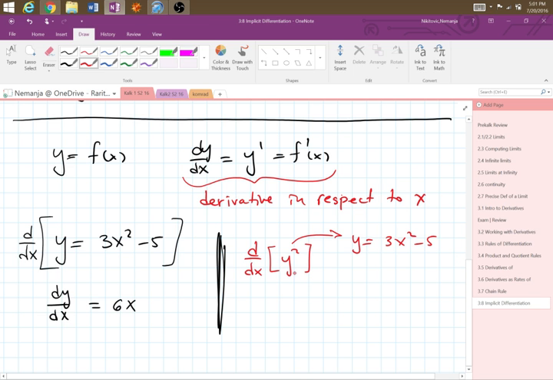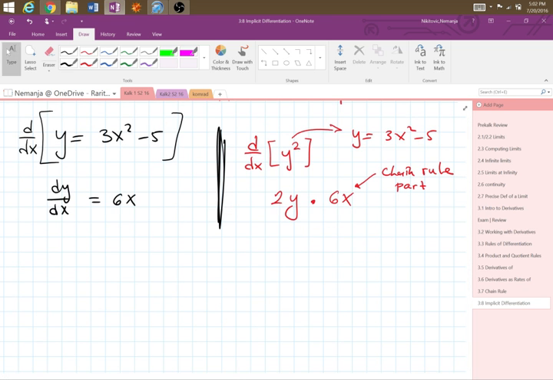I can just take the derivative of y squared as 2y and multiply that as a chain rule, which is the derivative of y, and we know that's 6x. So when you are taking derivatives of y's, they will behave the same as if you were taking derivatives of x's, and then you will multiply the chain rule piece, which is just times dy/dx. Now, if you know what dy/dx is, you just plug it in.